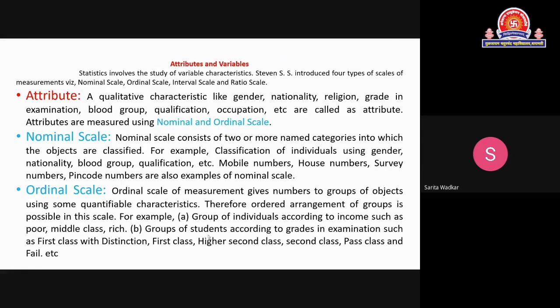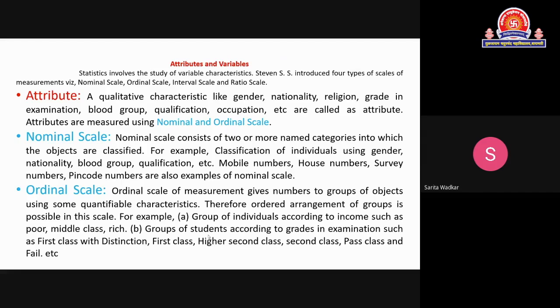Here again, if you are doing a survey related to blood group, then you have the options here, A plus, B plus, A minus, B minus, and you tick over there. So here we have seen that mobile numbers are taken. We can take the mobile brand also, whichever brand you have, Samsung, Nokia, Redmi, Apple.